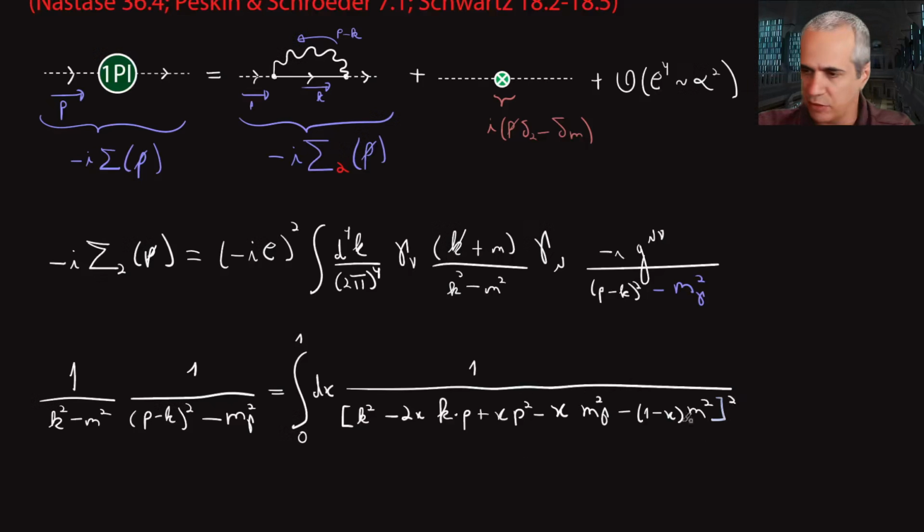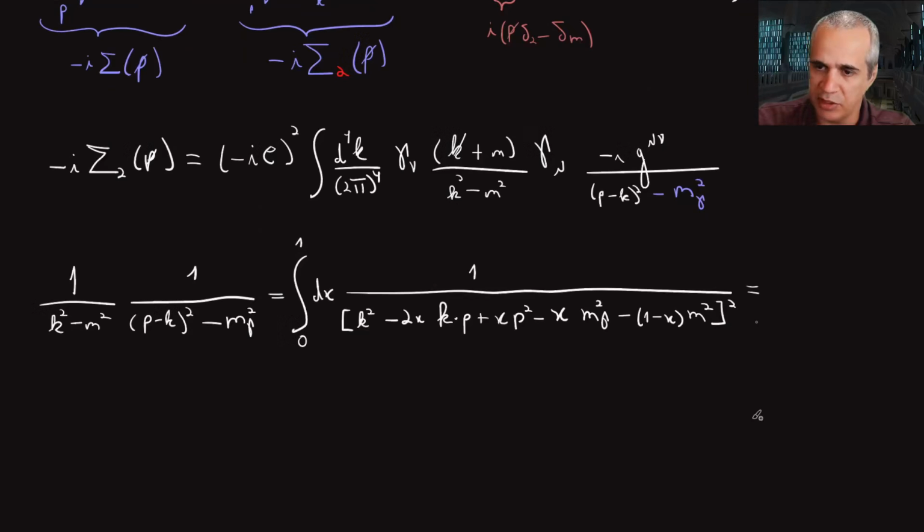This is very similar to the denominators we had before, especially the cross term between k and p. We need to do a change of variables to get rid of that cross term. I'll make up a new momentum called l mu, which is k mu minus x p mu.